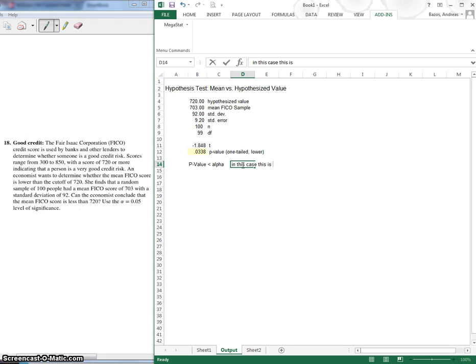This is true, so we reject the null, and then we can write the statement and everything. This p-value is less than 0.05, which is our alpha.